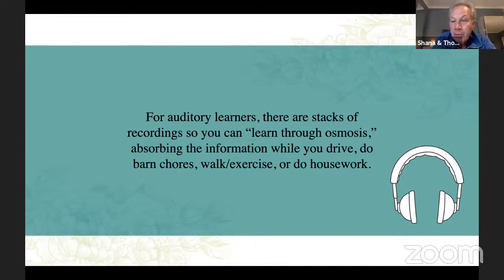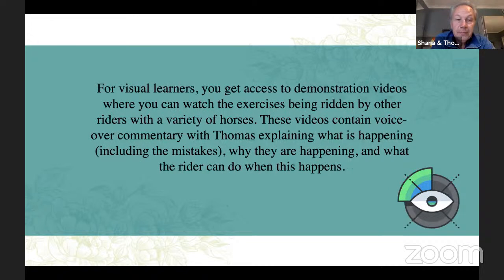You can absorb that information while you're doing something that doesn't require a lot of brain power. A lot of people listen to the recordings in the car or in the barn doing chores, or if you're out walking, jogging, hiking, whatever.